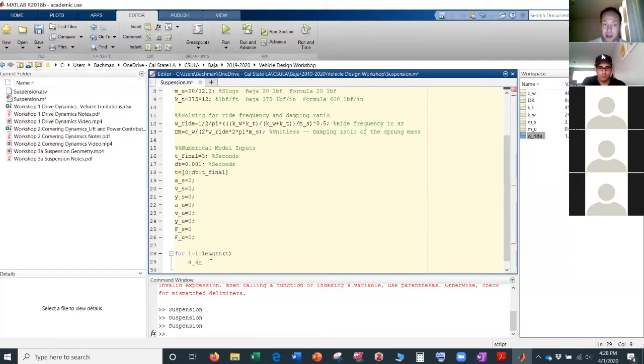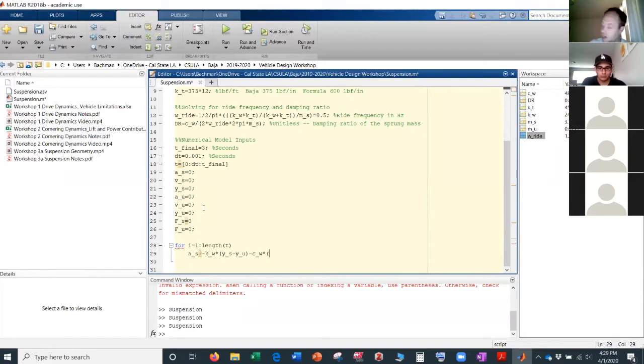The acceleration of the sprung mass is equal to minus the stiffness, the wheel rate, times y of the sprung mass minus y of the unsprung mass, minus c, the damping of the wheel, Cw, times the velocity of the sprung mass minus the velocity of the unsprung mass, plus the force on the sprung mass, which we could make a function of time in the future if we wanted to.